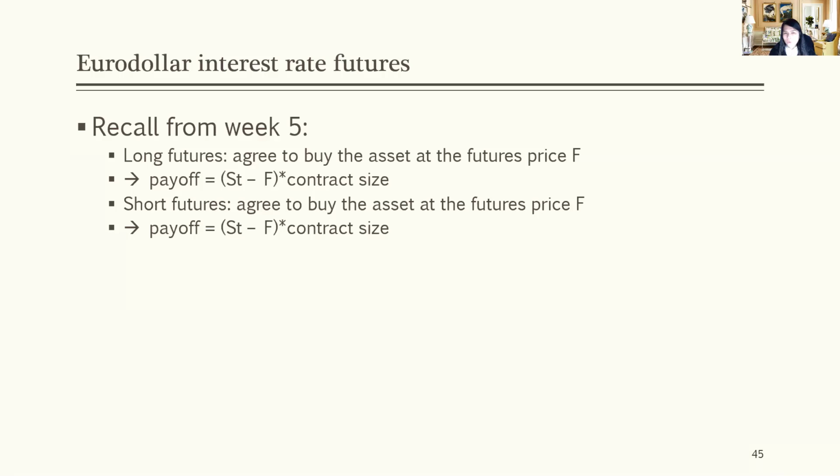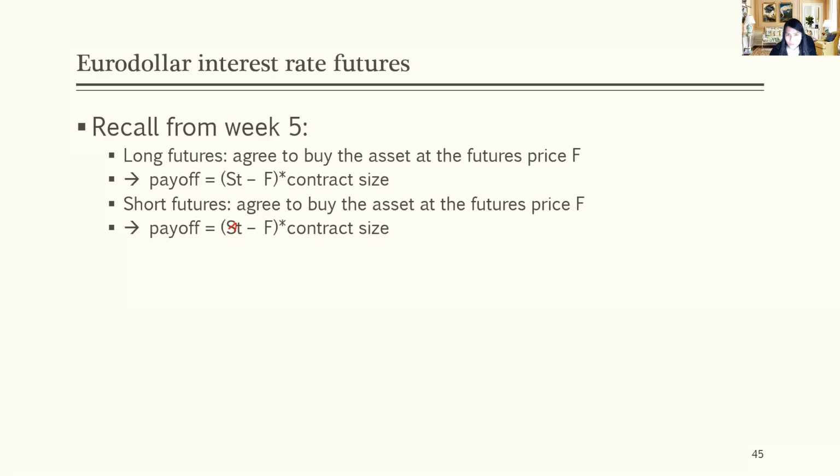So if we recall from week 5, a futures contract is basically very similar to a forward contract. For long futures, you talk about agreeing to buy the asset at the futures price F, okay? Your payoff function is therefore just ST minus F times the contract size.